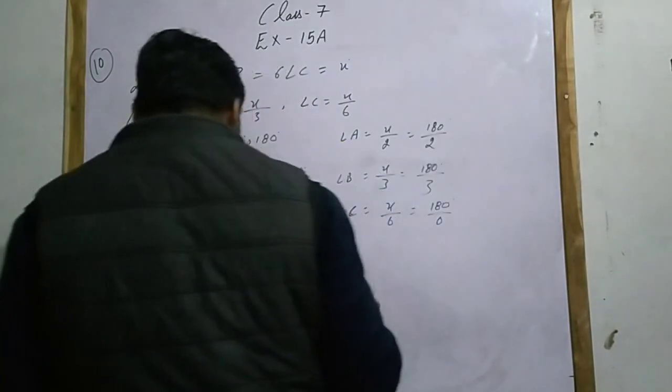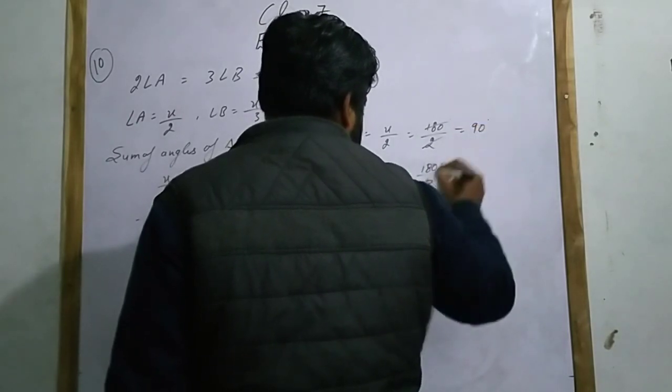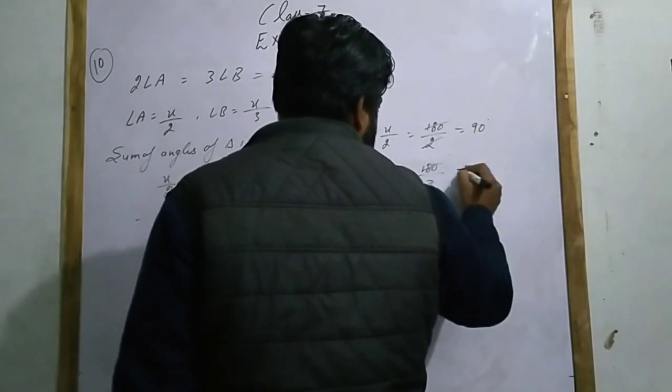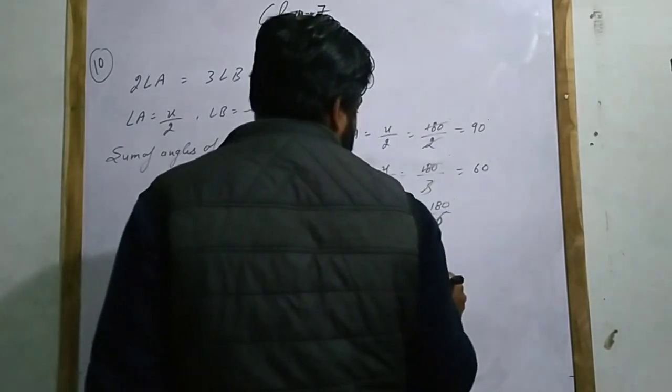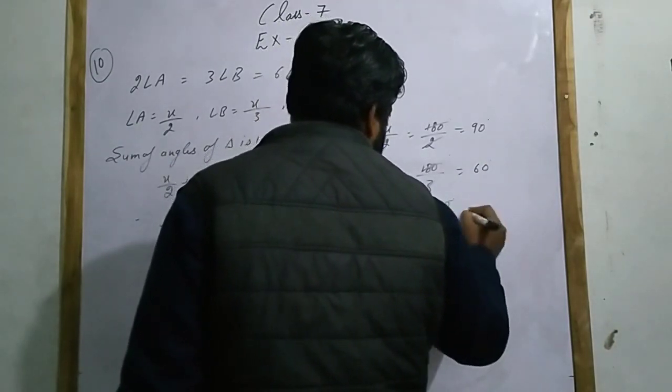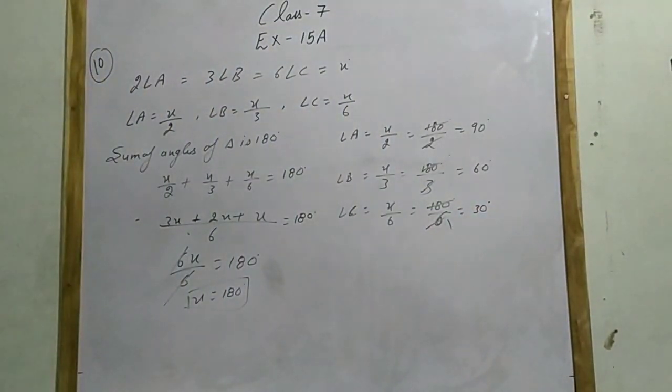Cancel out all these. 2 9s are 18, 3 6s are 18, 6 3s are 18, 30. Means 90 degree, 60 degree and 30 degree. Angle A 90, angle B 60 and angle C is your 30 degree. This is answer of question number 10.